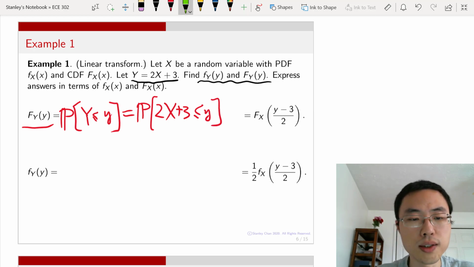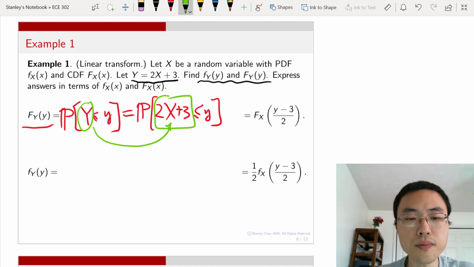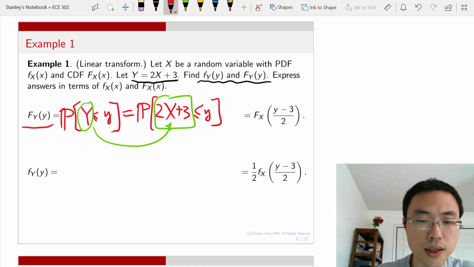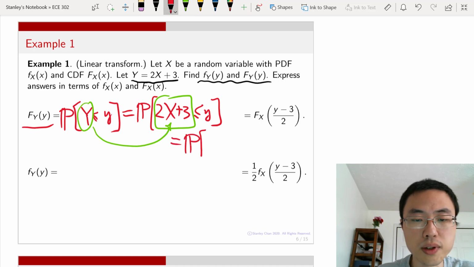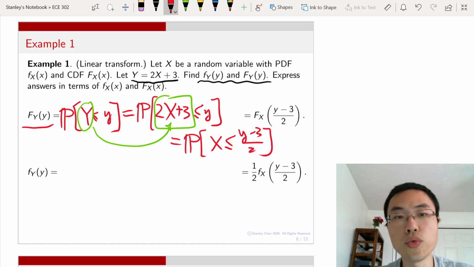What I'm doing is just replacing the y by 2x plus 3. And then what do I have? Well, then you have the probability of x less than y minus 3 divided by 2. What am I doing? I am just rearranging the terms by moving the 3 to the right-hand side and dividing both sides by 2. I will get to this quantity.